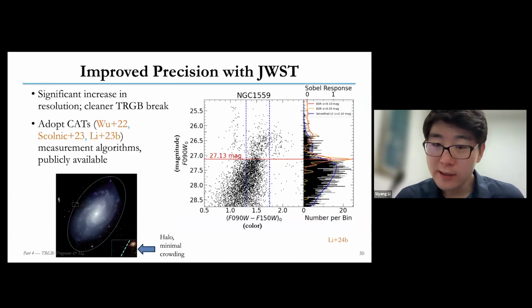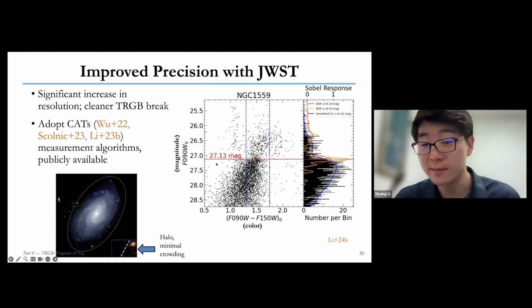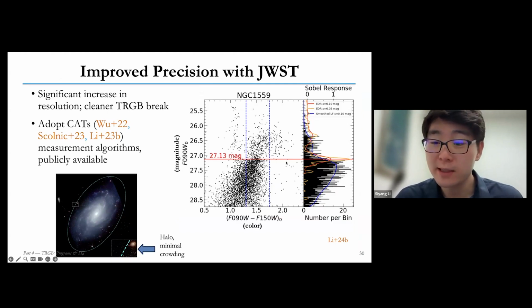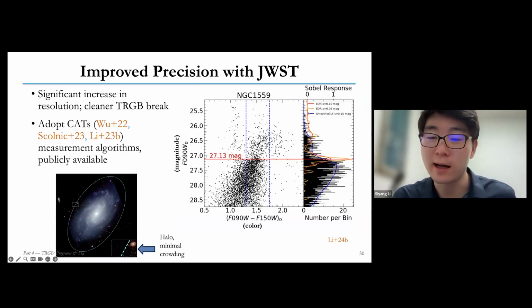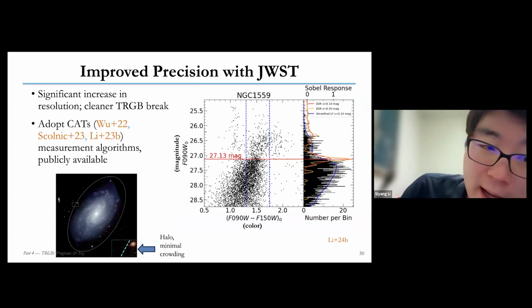So when the SHOES team looked at TRGB with the James Webb Space Telescope, what we found was there's definitely a very significant increase in the resolution of the CMDs. So the TRGB discontinuity is much cleaner. That's shown here on the right. Here's an example of the CMD for NGC 1559.